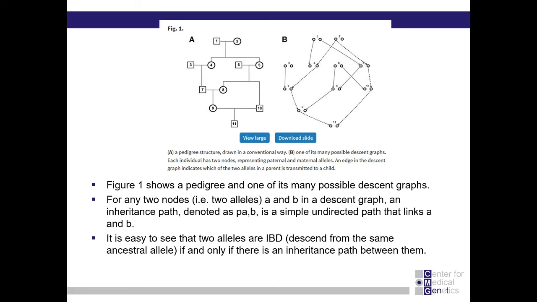So, as you can see, on the left it is a pedigree. Normally the woman marries the man, and they have children. Children, who do they marry? But the descent graph is different. In B, you can see that you have alleles. Each allele goes to one person.